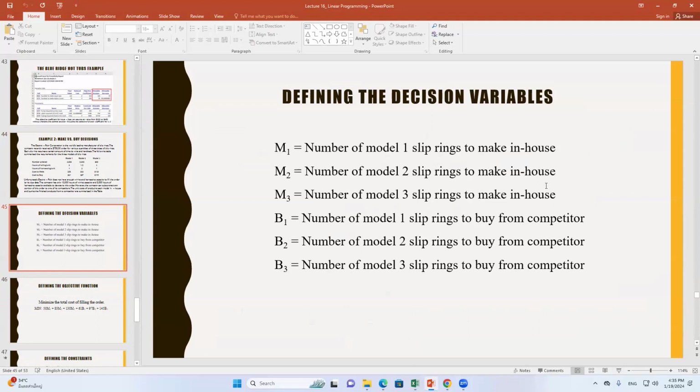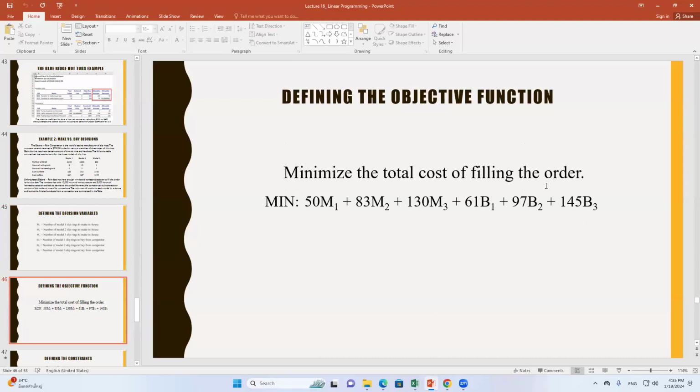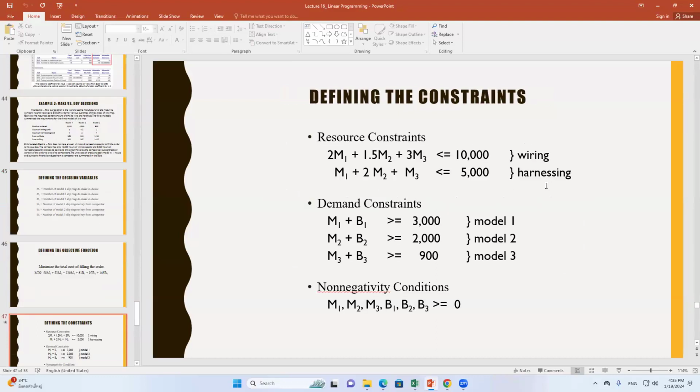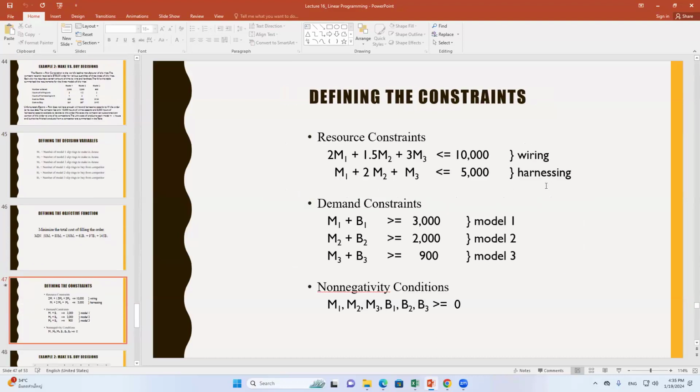Previously we had only 3 parameters, but now we have 6. This is the objective. And also we have the constraints: resource constraints, demand constraints, and non-negativity conditions. Non-negativity means the value should be 0 or greater than 0. There are 11 conditions.